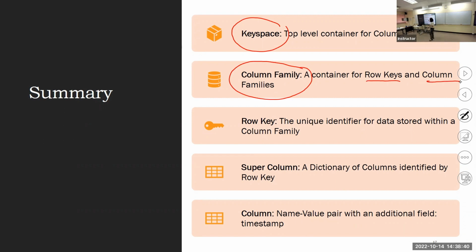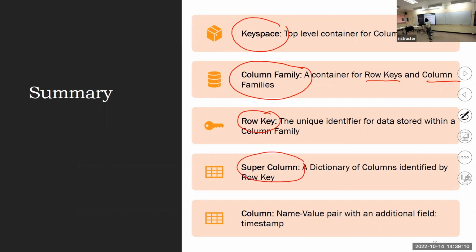And the row key is considered similar to the concept of key value. It is the unique identifier used to refer to and identify the data that is stored within the column family. So you could retrieve the entire column associated with that particular row key.